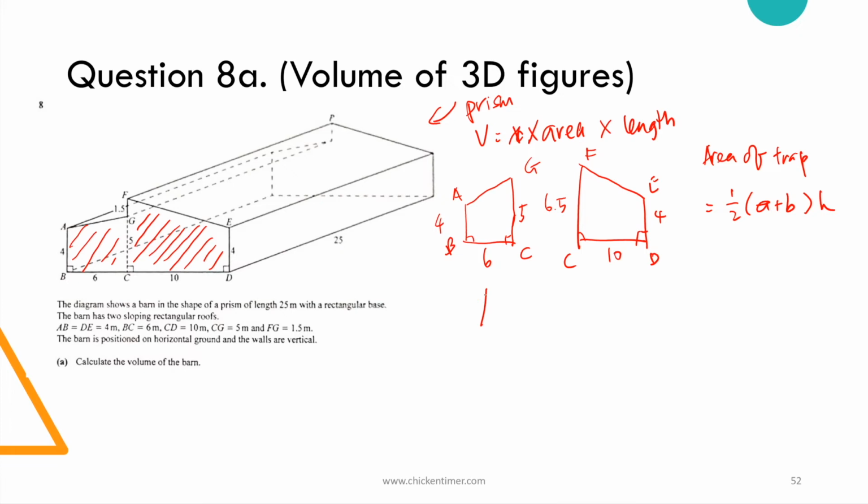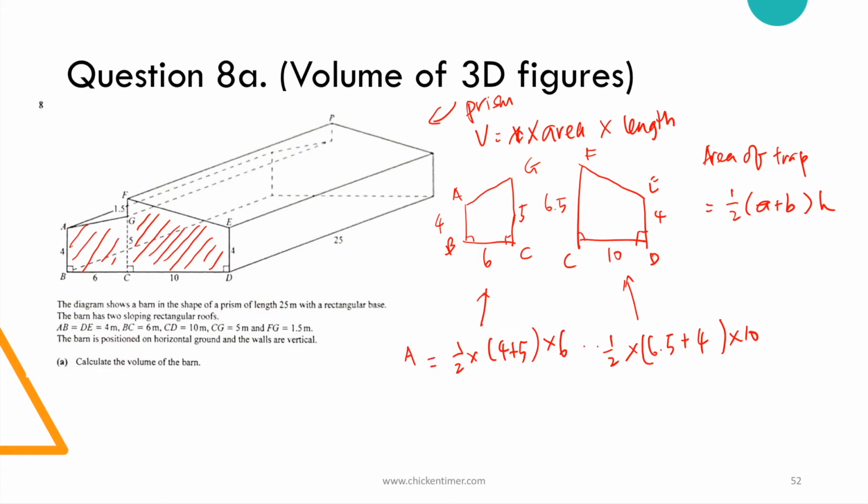So in this case it will be half times 4 plus 5 times 6, and this one is half times 6.5 plus 4 times 10.